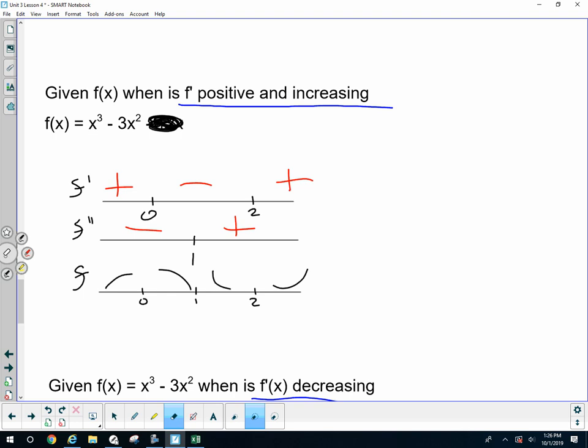Okay. Given f of x, whose derivatives we've already analyzed, tell me, when is f prime positive and increasing? Please discuss with your neighbors first, like, what does it mean for f prime to be positive and increasing? Go.